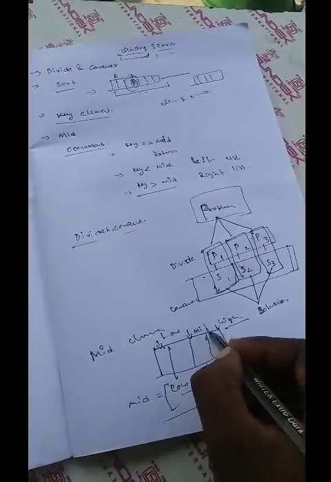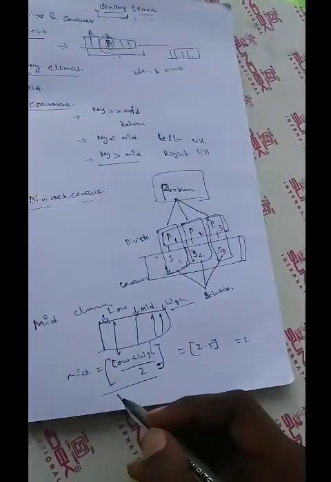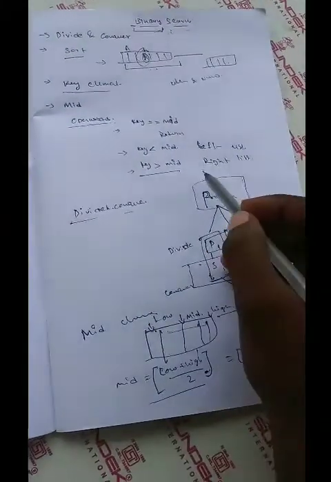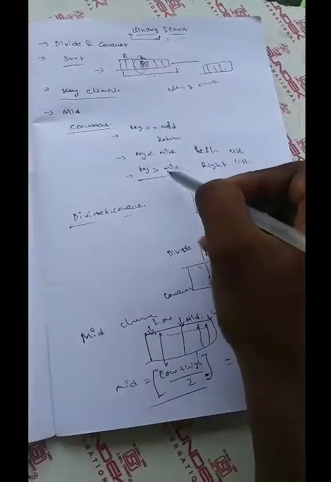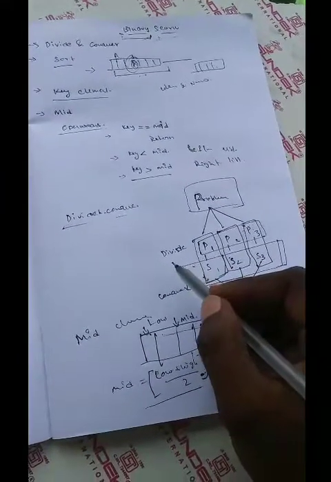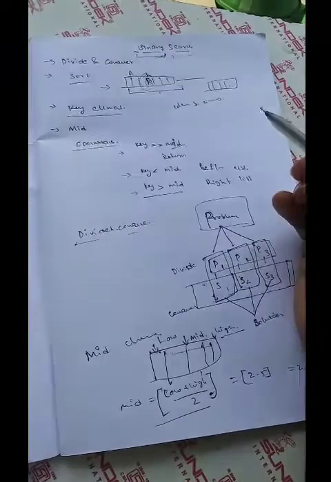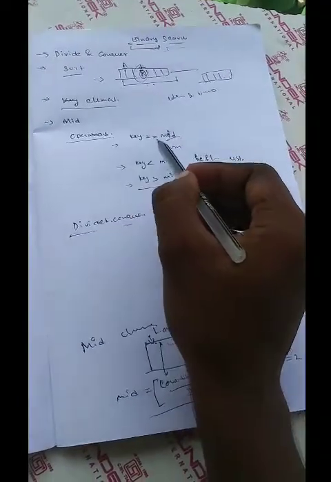So we found the middle of the elements, and we need to find our key element in the given list. To find the key we need to follow these three steps. First, when we calculate the middle of the element, we compare it with the key element.